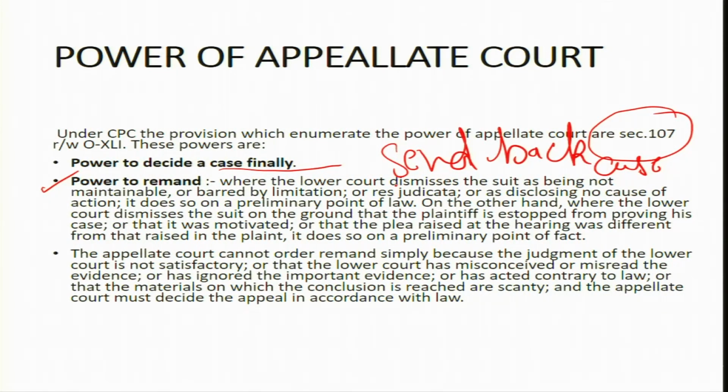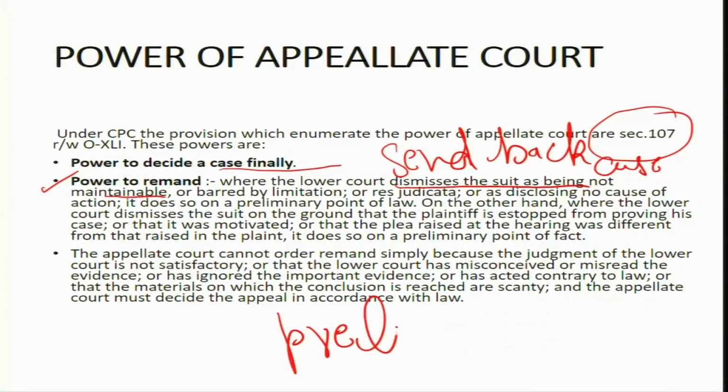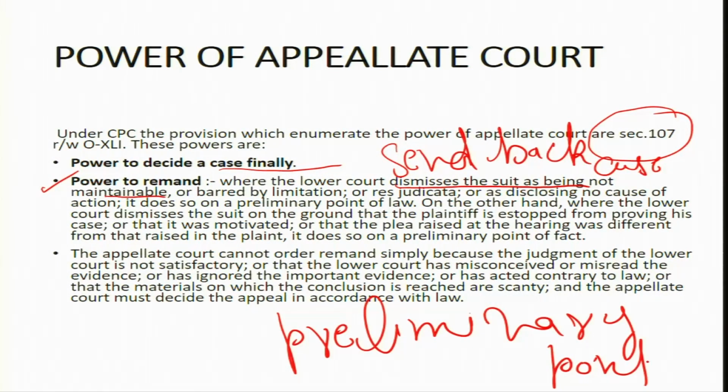When the lower court dismisses the suit as being not maintainable, or disposes of your case on a preliminary point of law or fact, this is what you have to understand here: a preliminary point. A preliminary point can be of law or of fact.